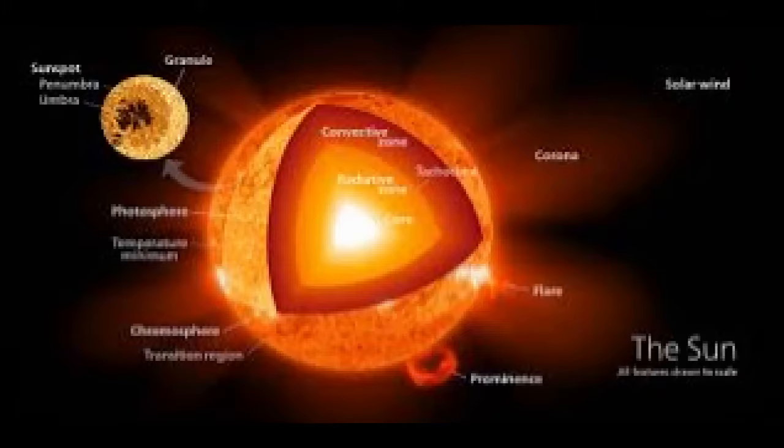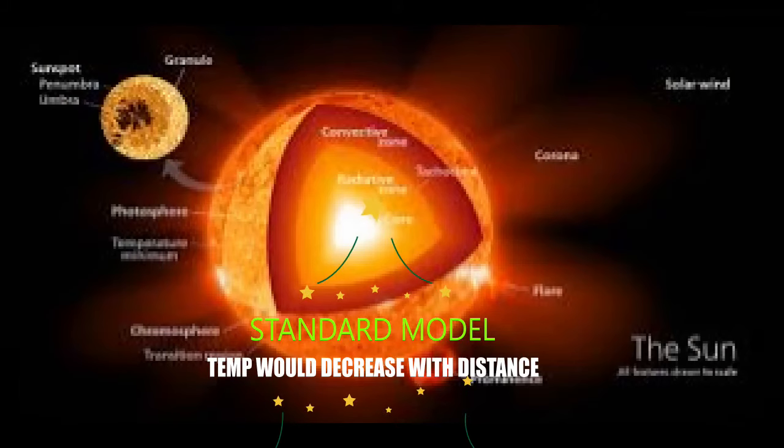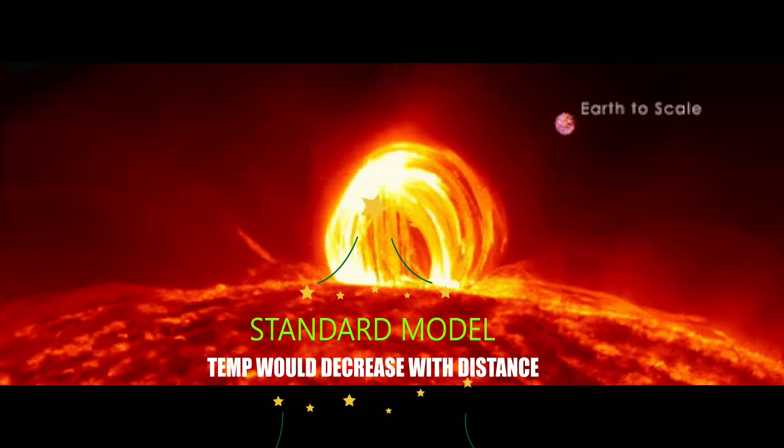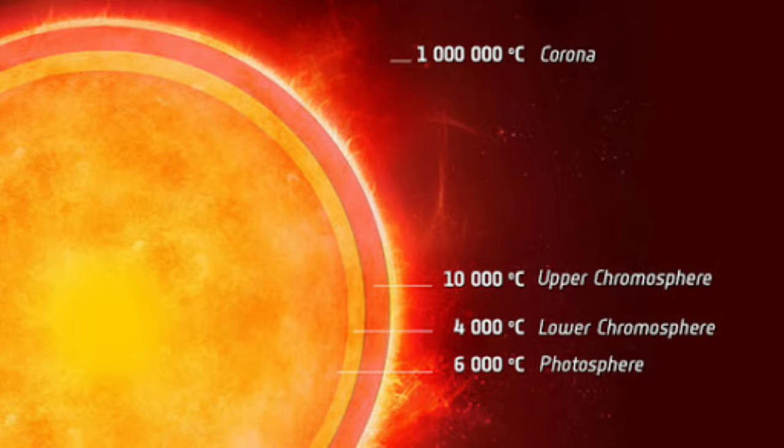Temperature minimum. If the standard model were correct, heat and light would simply radiate away from the photosphere as from a hot stove. Temperature measurements would monotonically decrease with distance. But many processes, other than simple radiation of heat, are occurring above the photosphere.